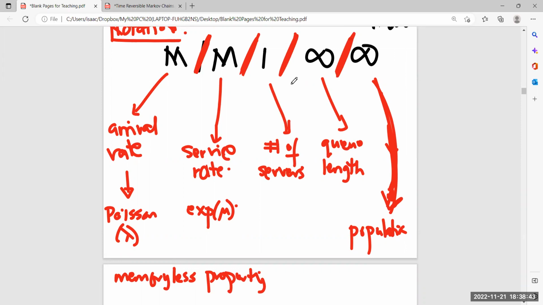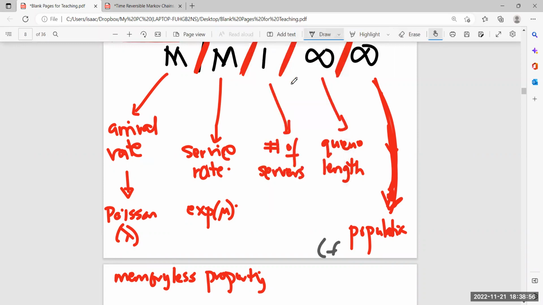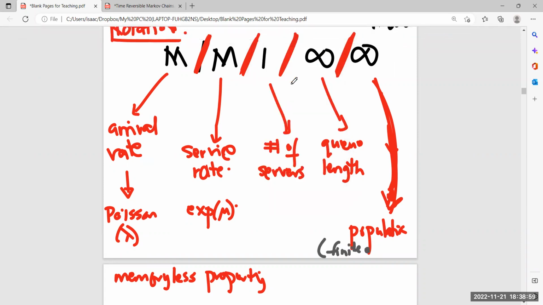This last infinity that you're seeing there is whether the population is finite or infinite, all right? So although I didn't write it down here, this refers to whether the population is finite or infinite. Remember I said you can have one mechanic team in a factory, but that team only sees about 4 machines in the factory.